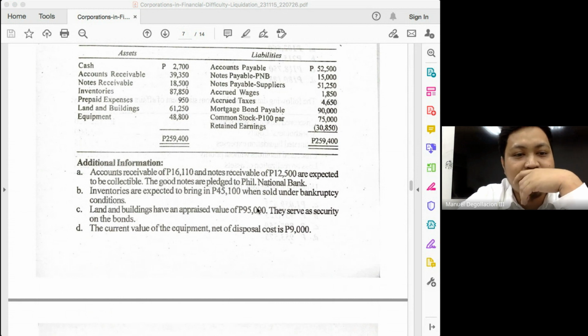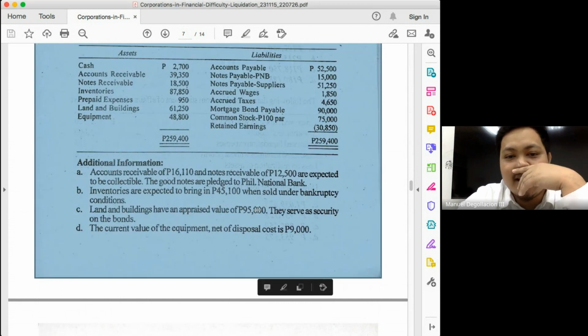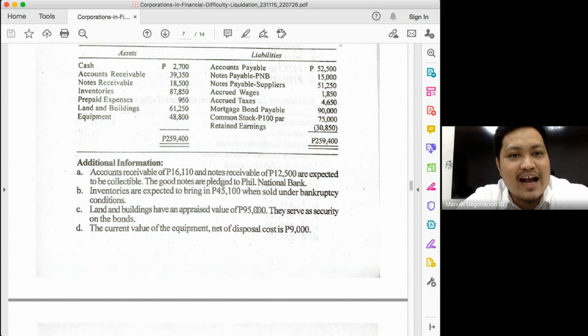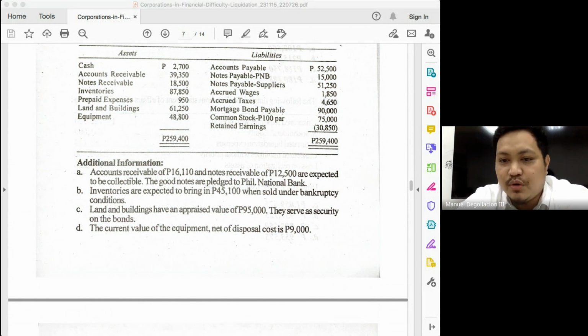They serve as security on the bonds. The equipment is a free asset. So we will have cash of 2,700, accounts receivable of 16,110, inventories of 45,100, and then equipment of 9,000. Give me the total of those four.